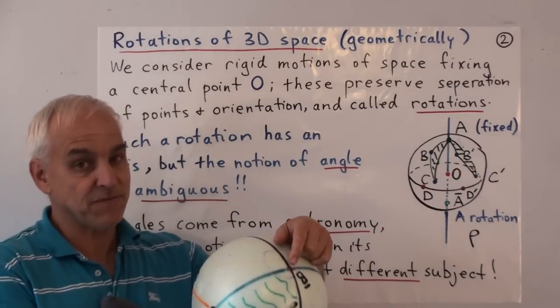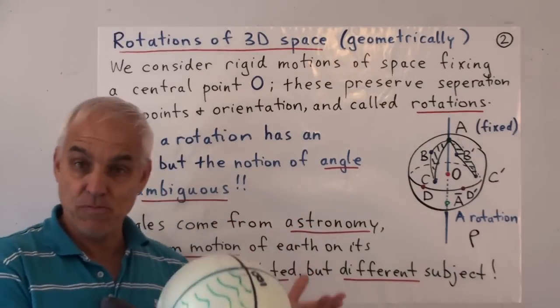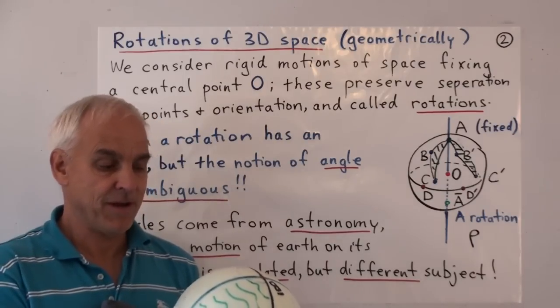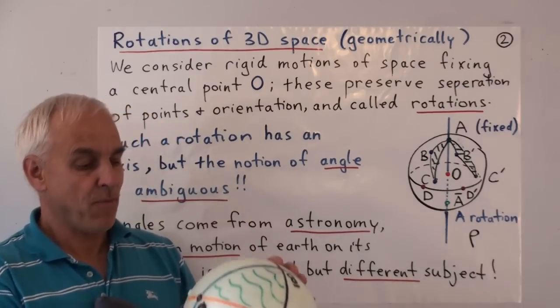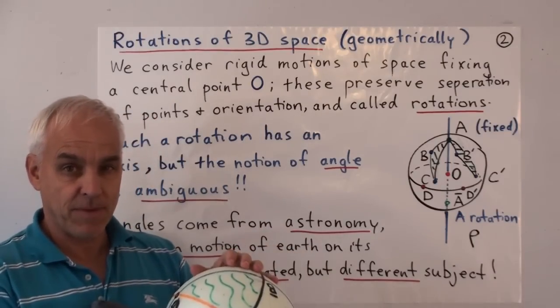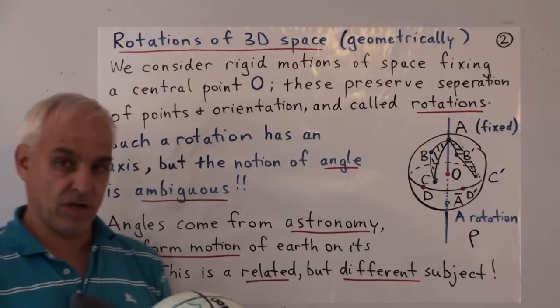So in fact, there are lots of different possible ways of talking about how far two points are separated on the surface of the sphere. But no matter which way you choose, that's going to be one of the properties of rotation, that it preserves separation. Another important property is that it preserves orientation.